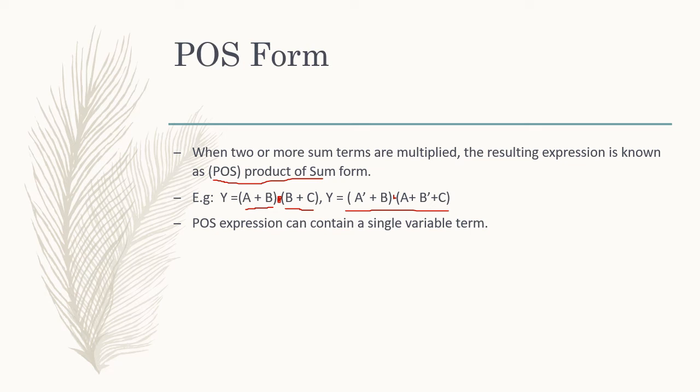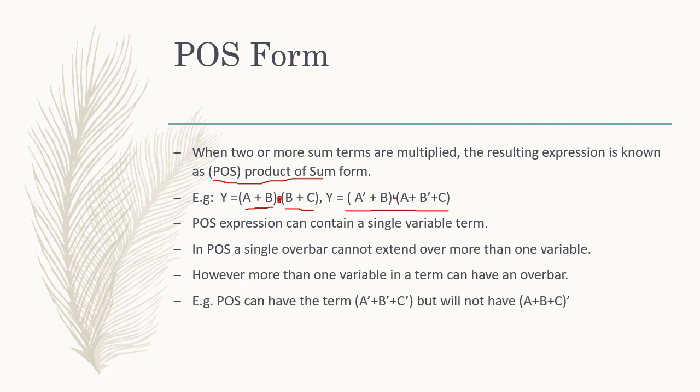So again in case of POS also, that contains the single variable term, and here also a single overbar cannot extend over more than one variable. For example, a plus b plus c whole bar is not allowed, but if you are giving the individual complement to individual variable and taking the sum of these individual complements, then that is allowed.